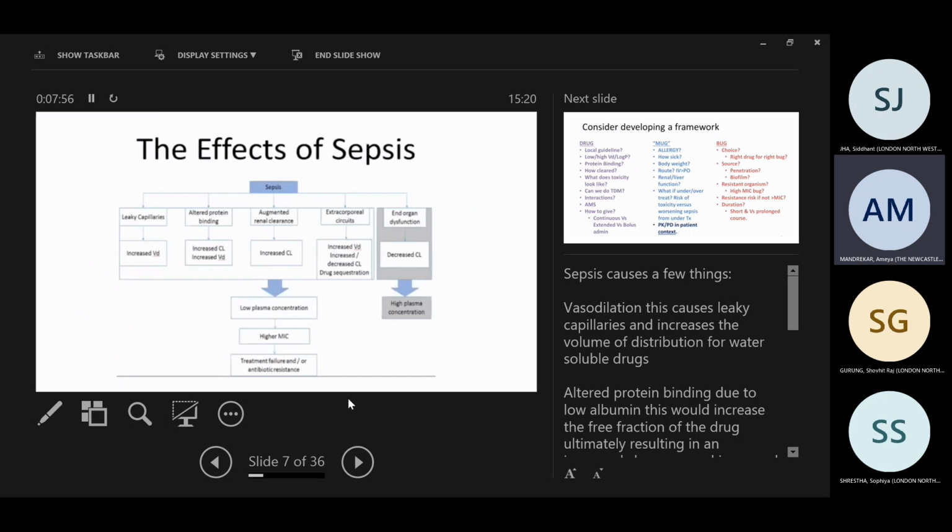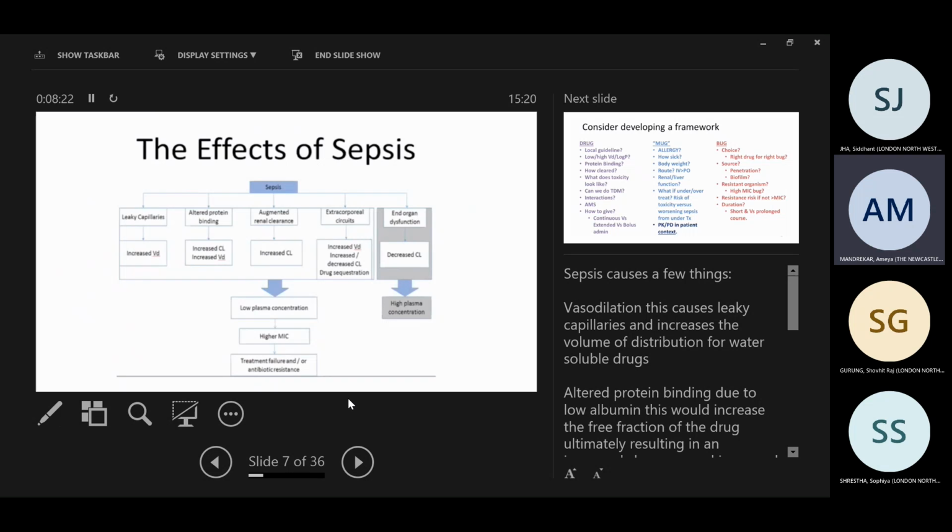There are articles that said you need to give like co-amoxiclav 5 times a day and Tazocin 6 times a day, like ludicrous doses that I cannot put in a protocol yet because I need to see more evidence towards it. But in theory, if someone does have this augmented renal clearance, they're clearing more of the antibiotic, which is why it's really important to give the loading dose and just optimize it at the maximum dose. And when that happens, then we get treatment failure, we get antibiotic resistance.